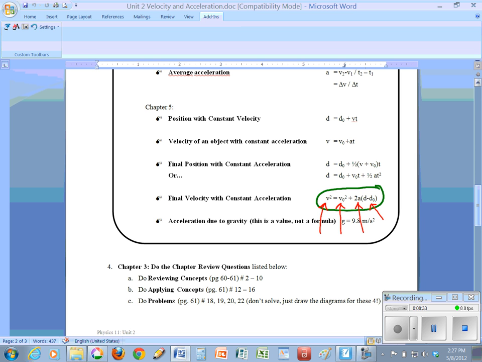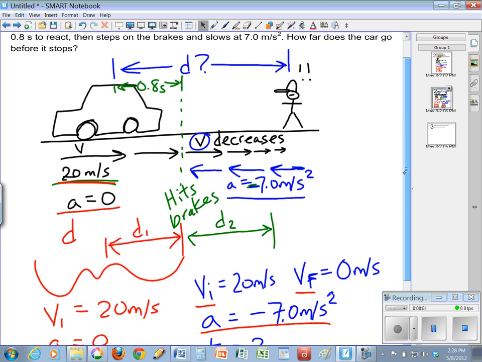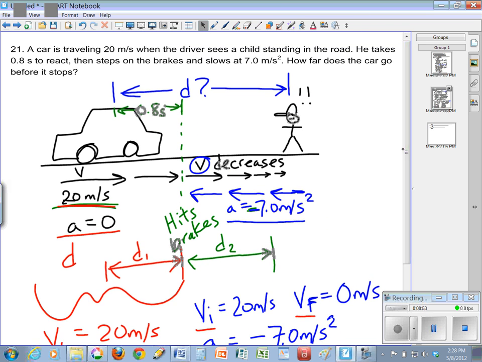So this is one possible way of solving the second part. Once we find the first distance and the second distance, we would just simply add them together to come up with an answer to the question, which is how far does the car go before it stops?